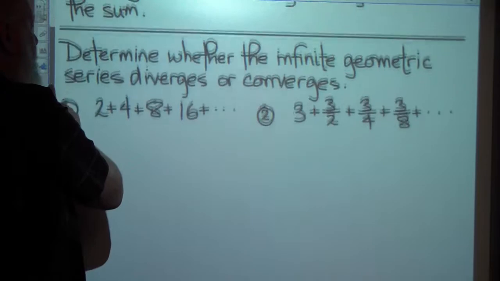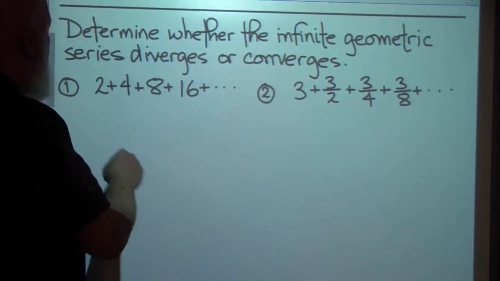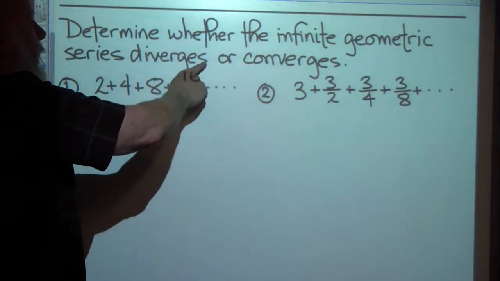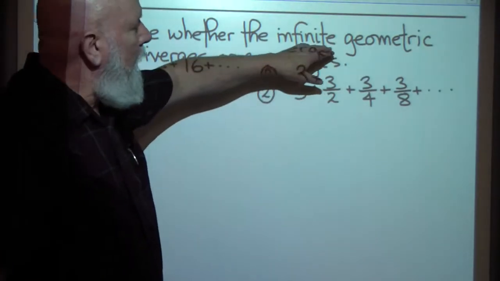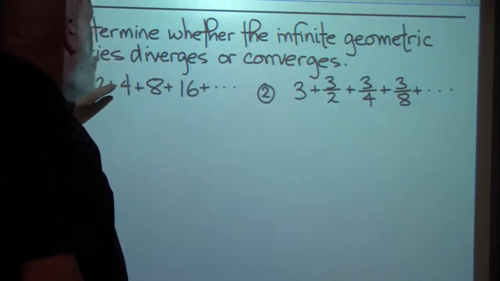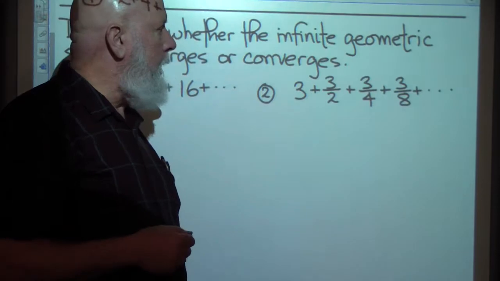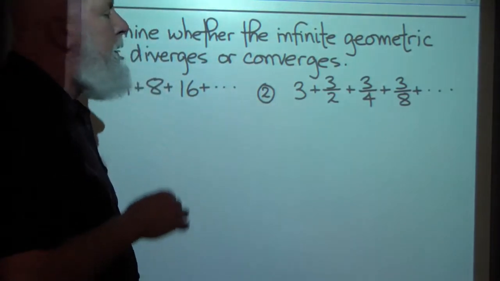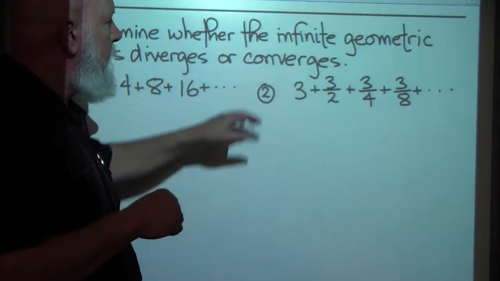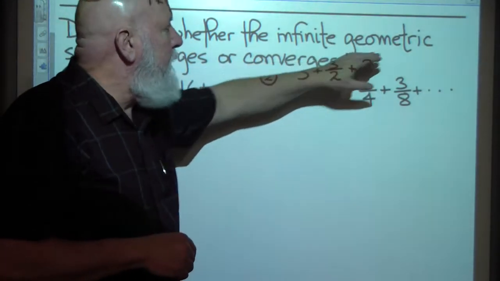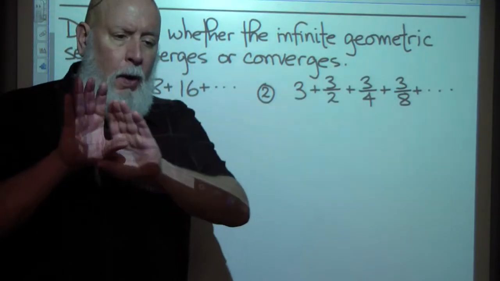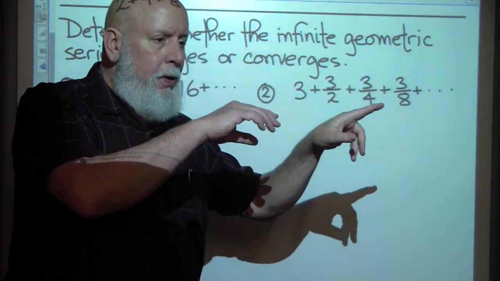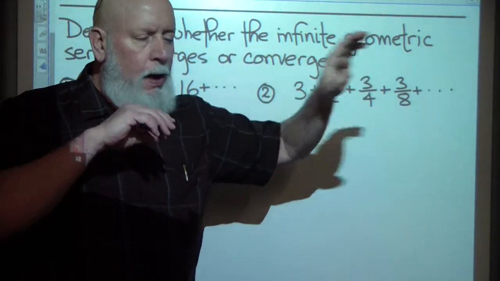First thing I want to talk about is we're going to determine whether an infinite geometric series diverges or converges. Now we've talked about geometric series in the last lecture that we did. In the last couple of days we've done assignments pertaining to finite geometric series. Now we're going to talk about an infinite geometric series. That's a row of numbers that are added together that go on infinitely.